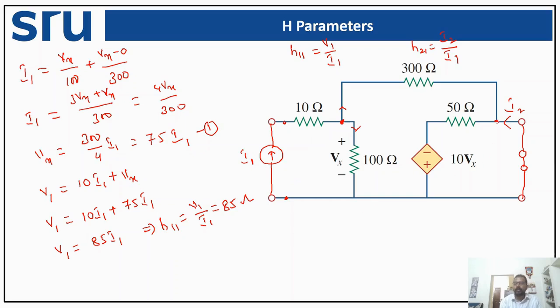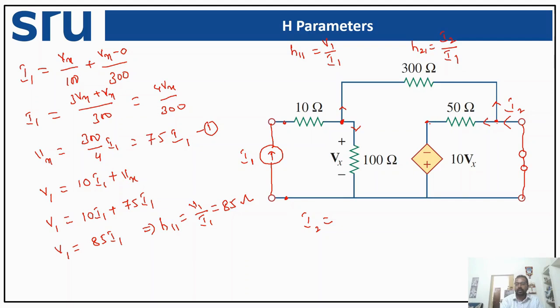Now let us apply the nodal analysis at this particular node 2. So if you observe, we are having an incoming current, that is I2. This I2 is getting divided among two parts. So if you try to apply our nodal analysis, the incoming current equals the outgoing current, then we are going to have I2 is equal to, what is the current flowing through 50 ohm? It is nothing but the potential difference across 50 ohm, that is 0.